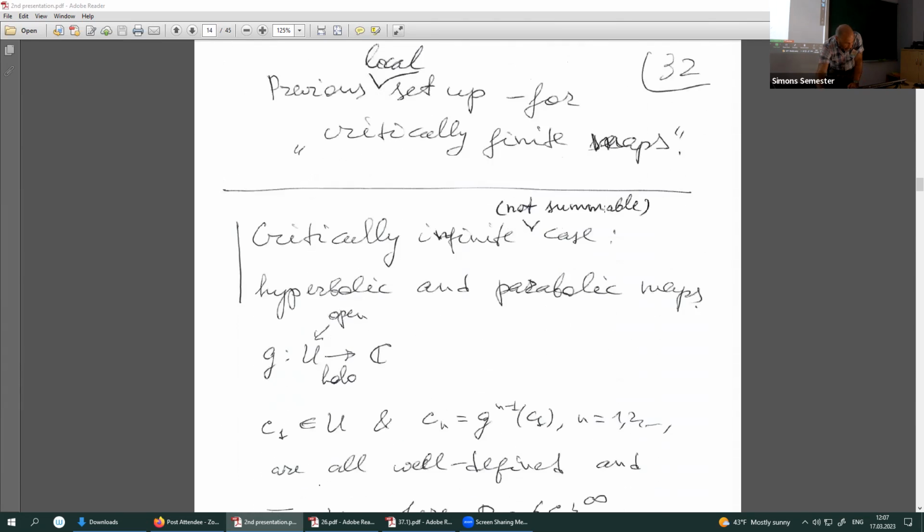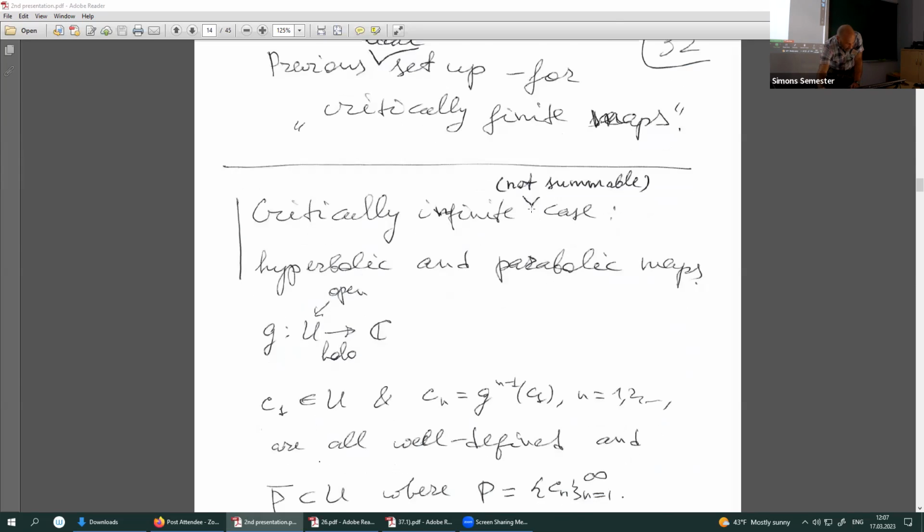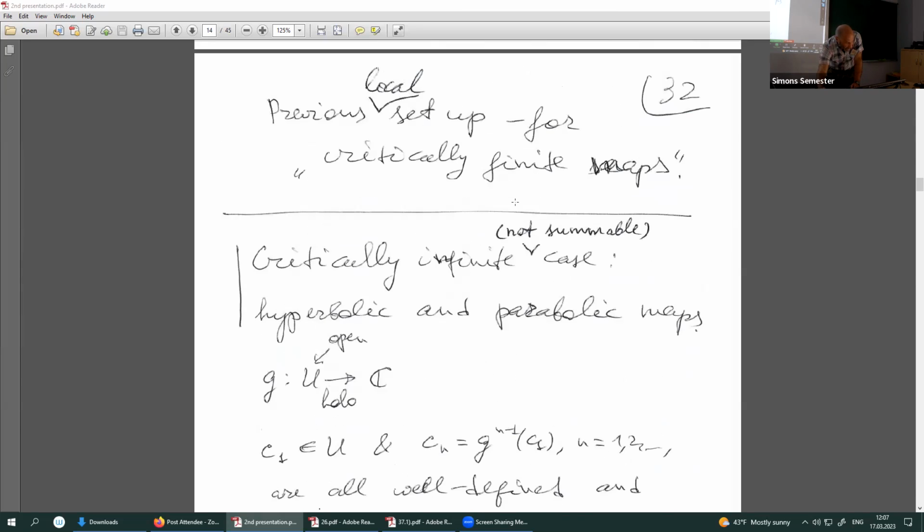So this was about finite critical relations, for critically finite case one. But there is another part, which was actually motivated by a question by Remenka, who asked me four years ago, when I was visiting Sebastian Van Strien during part of my sabbatical.